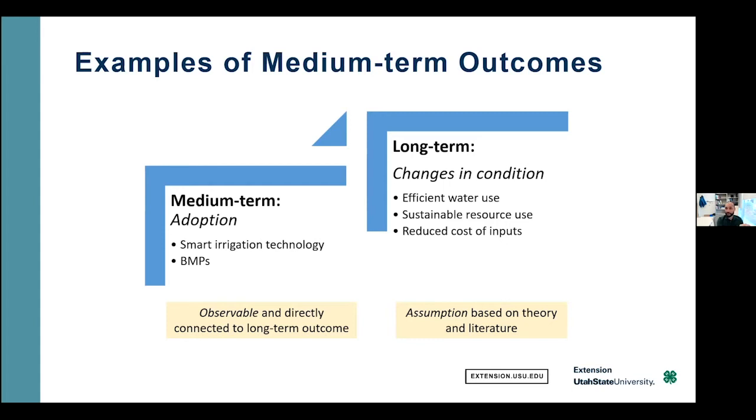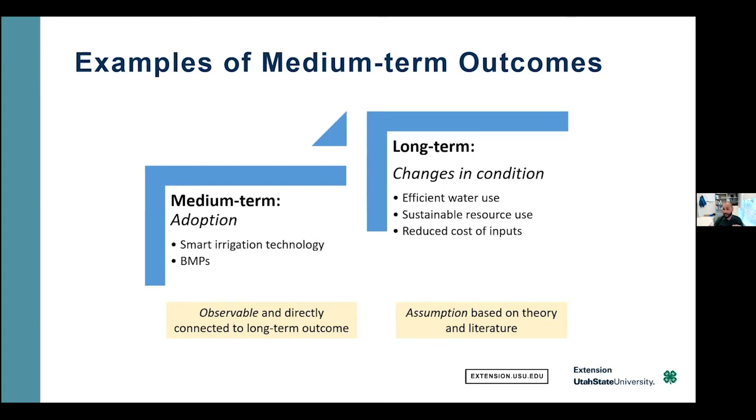this could be specific to what type of technology you're asking them to do. If they do adopt this in the medium term, then we could assume that it would lead to efficient water use. If there is efficiency in water use, then we can also assume a reduction in inputs, which would lead to a reduction in the cost.